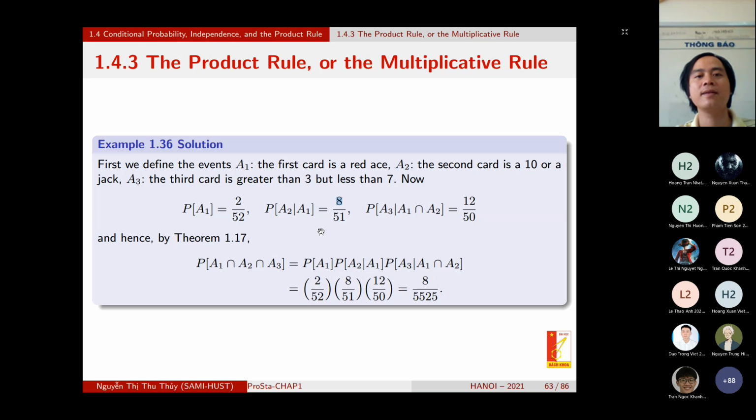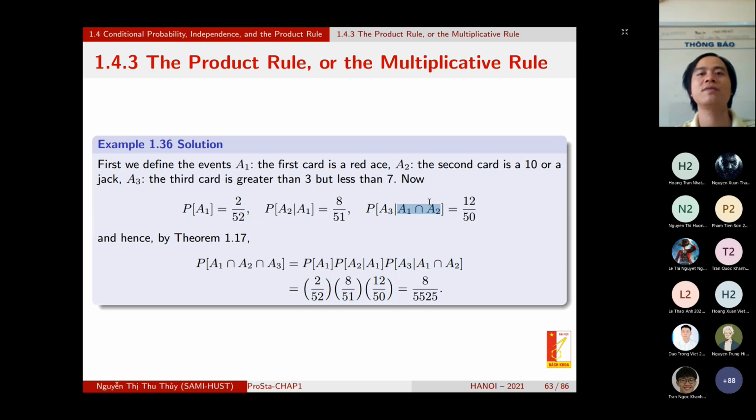How many cards are left? We have only 51 cards remaining. So the probability of A2 given A1 is 8 over 51.